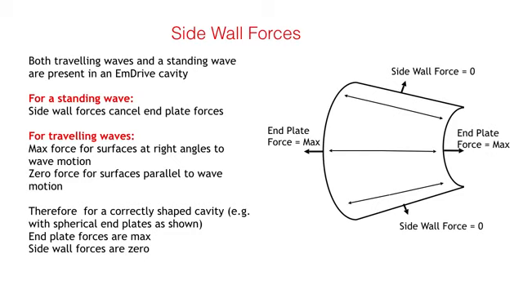However, for a travelling wave, the maximum force is achieved when the wavefront is reflected at right angles to the end plate. In a well-designed cavity, the travelling waves are moving parallel to the cavity wall at the wall surface, and the force is therefore zero. So the thrust is due only to the end plate forces.